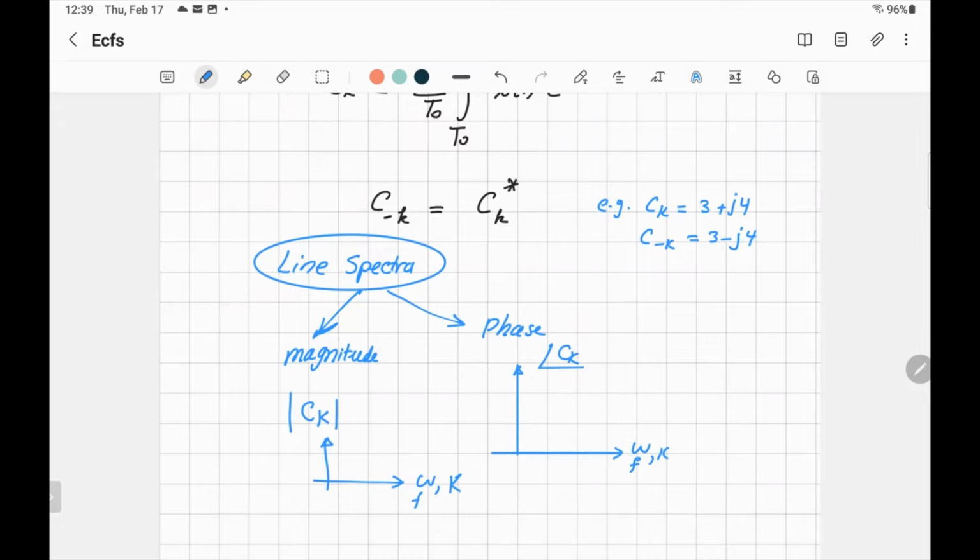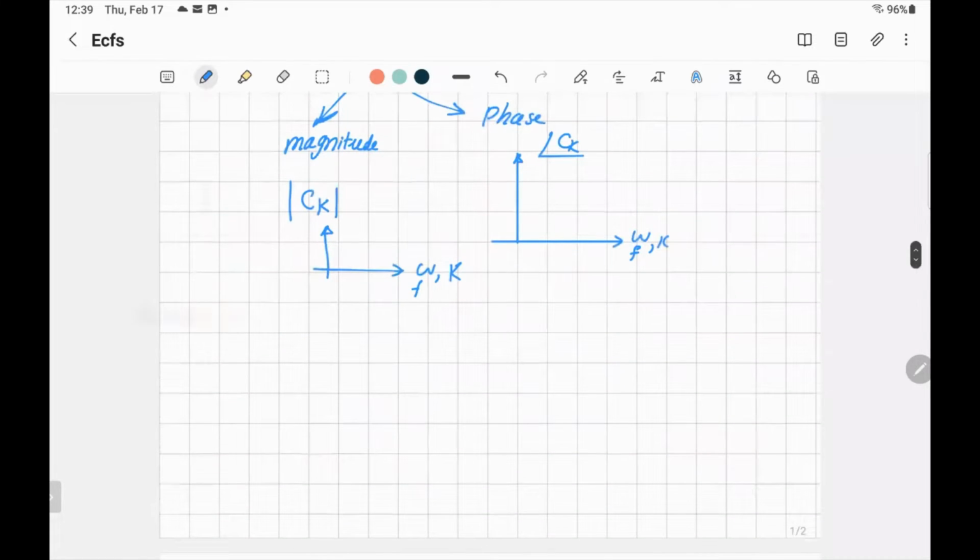The other thing that we can apply the complex Fourier series to is finding the power content of any signal. If you want to calculate the power of a signal, we did that before. You can do it using the Fourier series, and it's very simple.